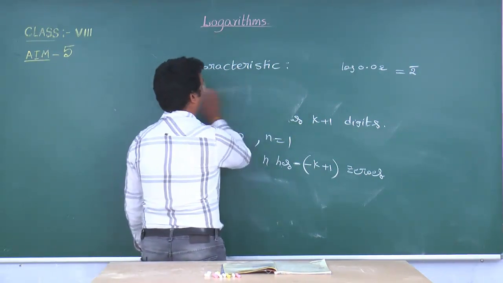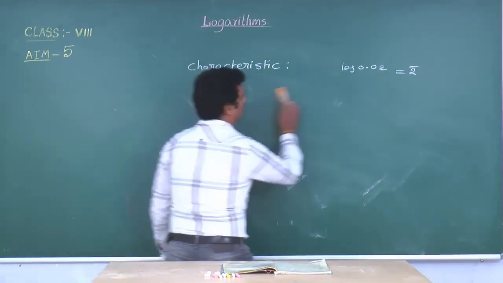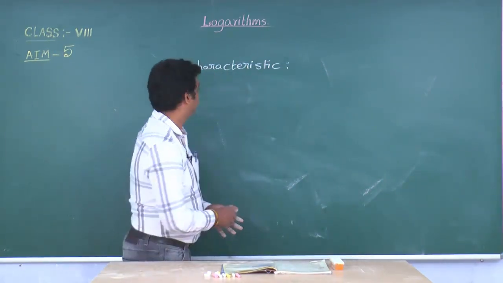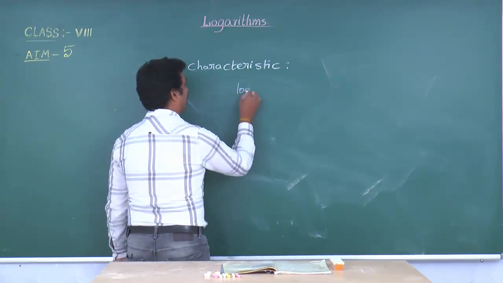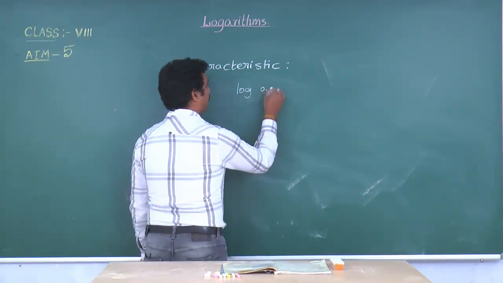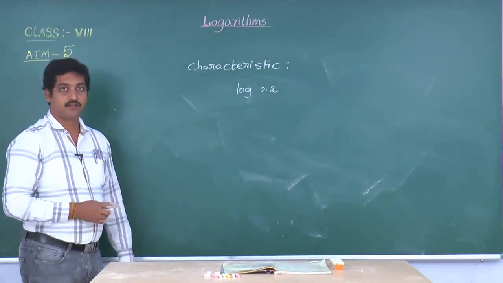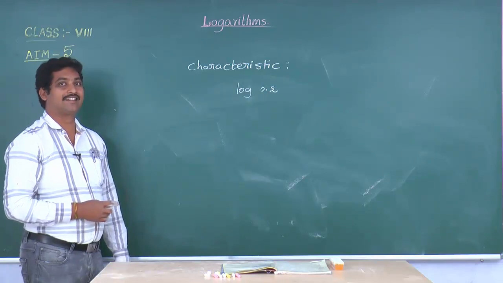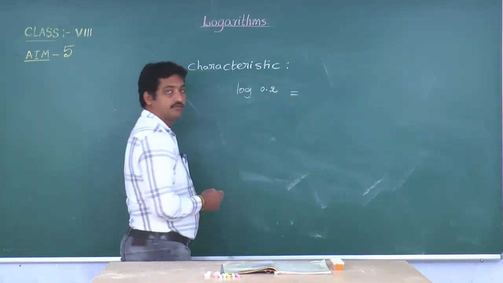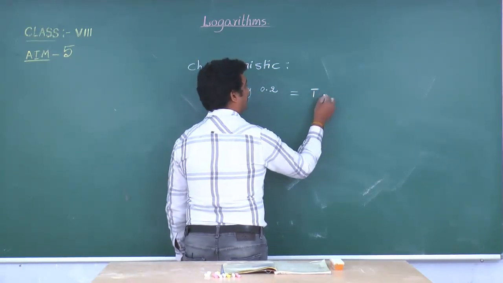Now come to some examples. Observe log 0.2. What is its characteristic? Its characteristic is equal to 1 bar.